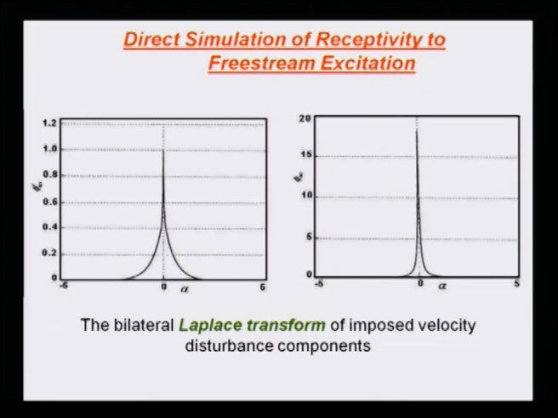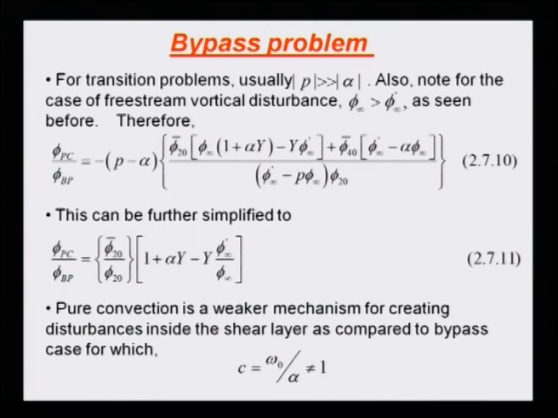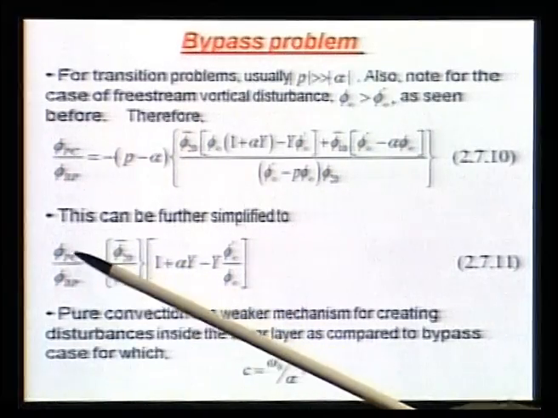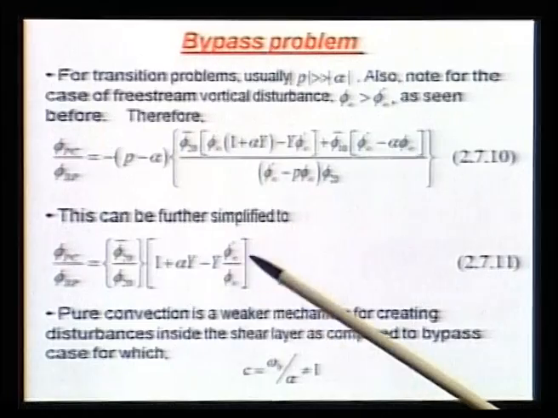We called two classes of problem. One is the pure convection problem, and the other is the bypass problem. We figured out that the amplitude of the equivalent wall excitation as given by the pure convection problem divided by the bypass problem is given by this.